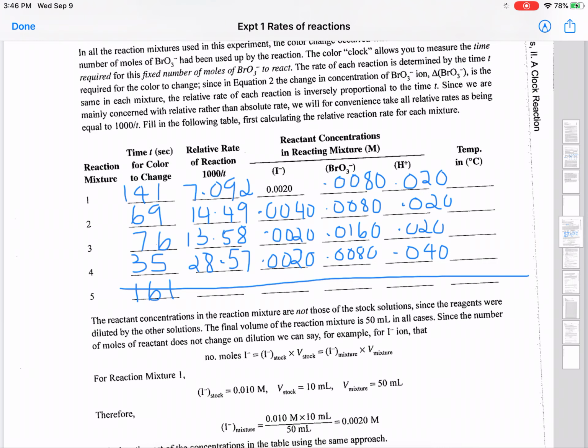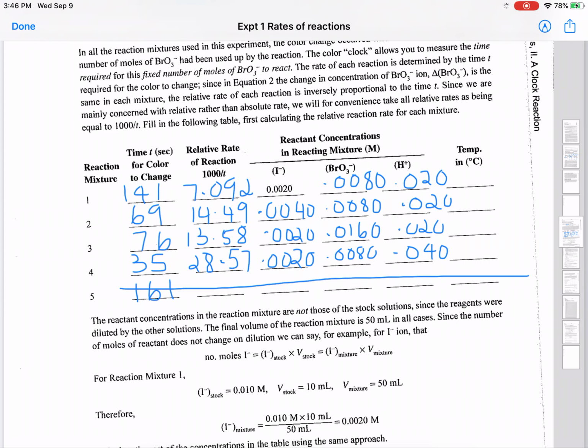Which ones are going to be the same concentrations from iodide, bromate and H plus? Bromate and H plus have the same concentration, iodide is different, right? 0.002 and 0.004. So when you divide these by each other, we should be able to find out the order with respect to iodide.